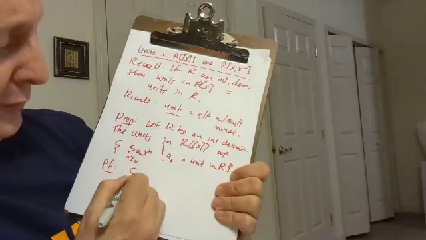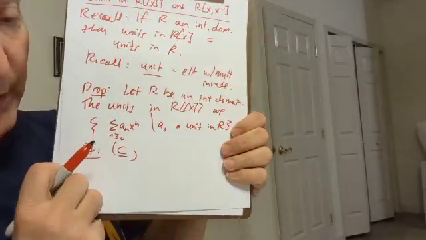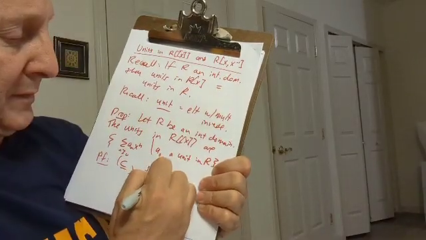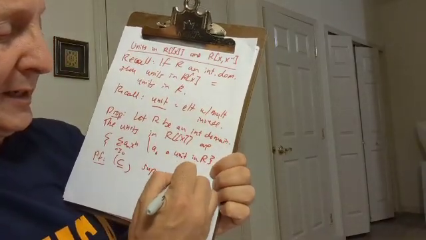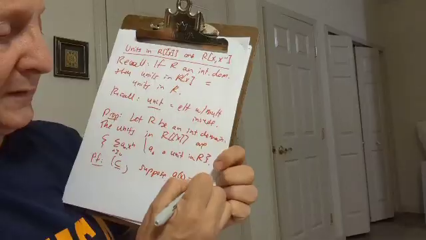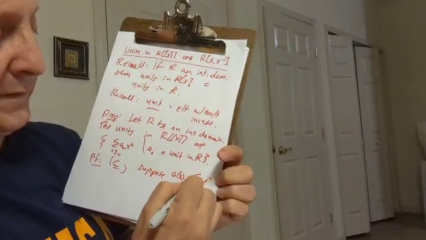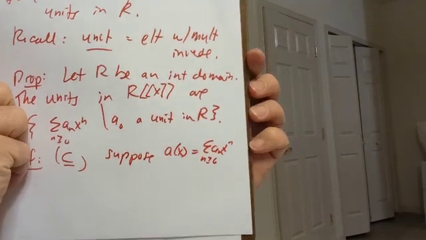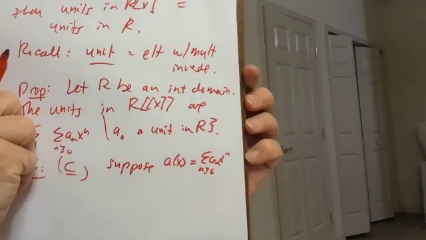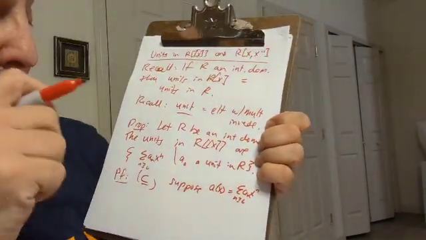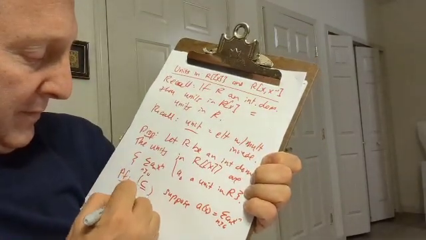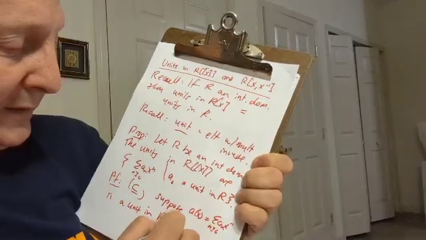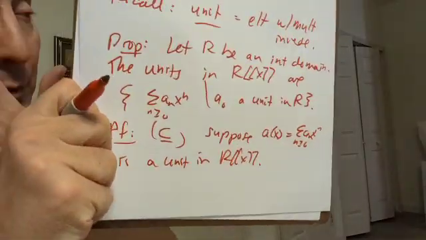So let's prove one direction first. Let's suppose that we have a unit. Let me write A(X) for the power series whose coefficients are a0, a1, a2, etc. So let's suppose that is a unit in R[[X]]. That means it has a multiplicative inverse.